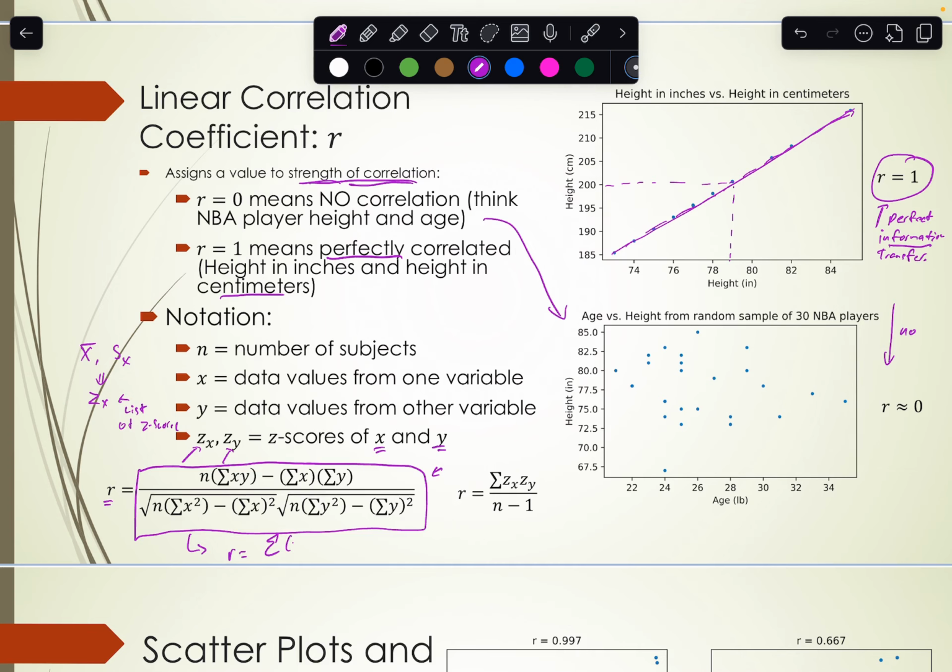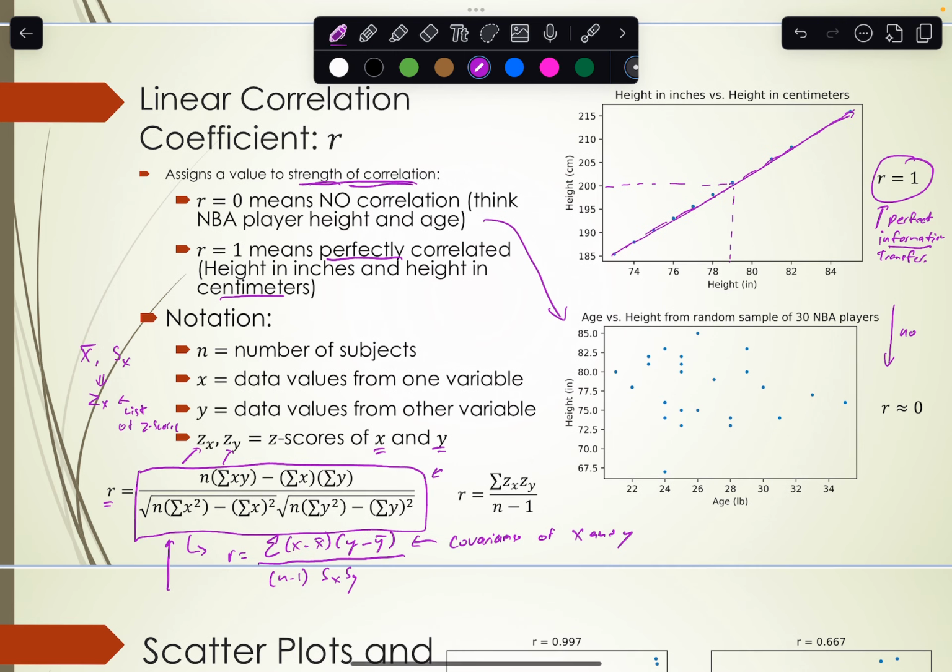Another way of expressing this is you take the sum of X minus X bar times Y minus Y bar, and you divide by N minus 1 times the standard deviation of X and the standard deviation of Y. This is often called the covariance of X and Y. We will not be computing this very much. We're going to let Excel do that, but it's important to know what it does.